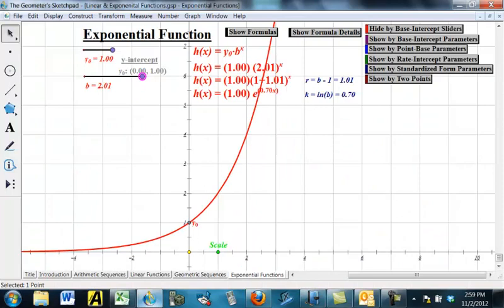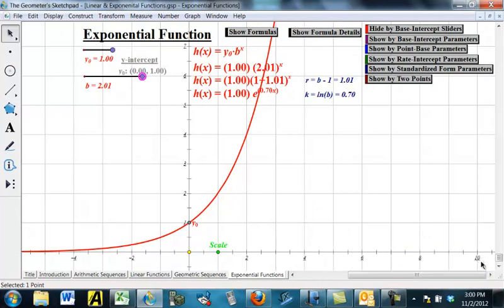You see 0, 1. Then when you get to 1, you get whatever the base is, 2. At 2, you get 4. At 3, it'll go to 8. And 4 goes to 16, and so forth. It gets off the screen there. What about negatives? Put in -1, it goes to 1/2.